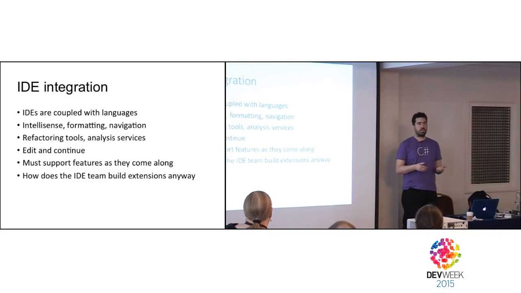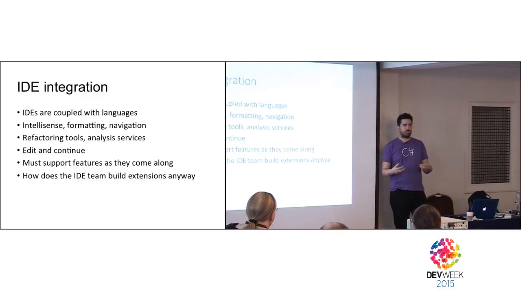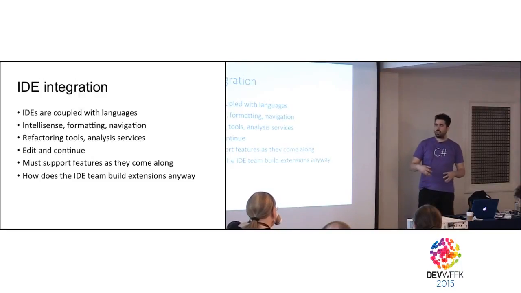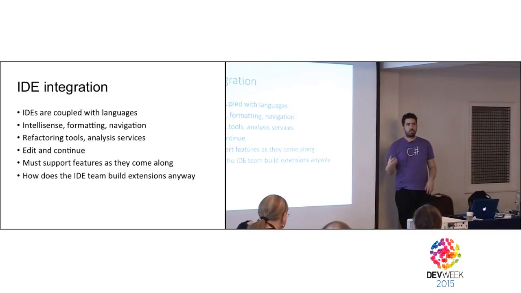For example, ReSharper, even today, has its own parser, its own code analysis service, which takes in code and creates metadata, and then you can do stuff on that metadata, like refactoring, searching, advanced analysis. You can do pretty much anything you want after the fact, right? But you have to re-implement that. And when C# 6 comes along and C# 7, you have to work on that as you go.